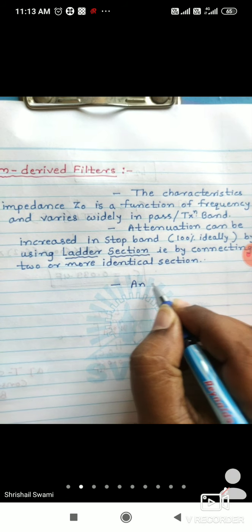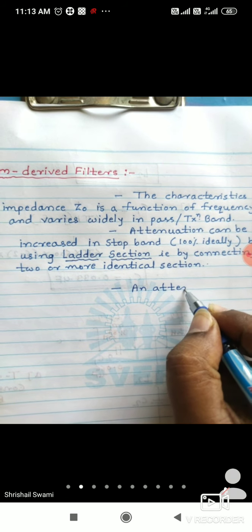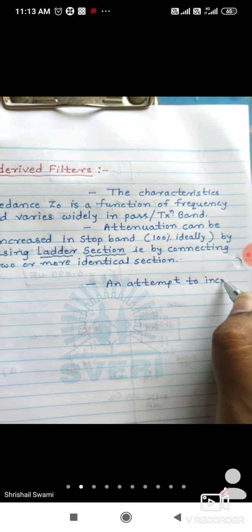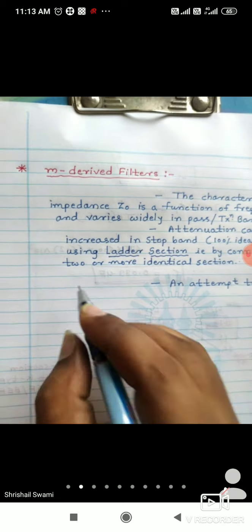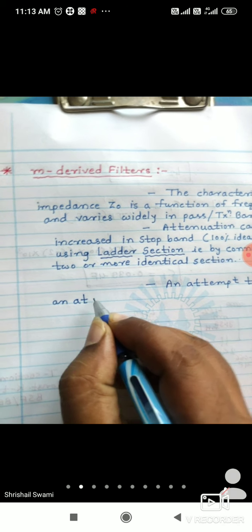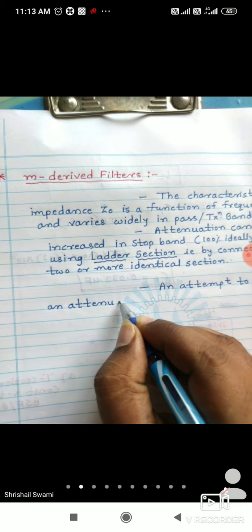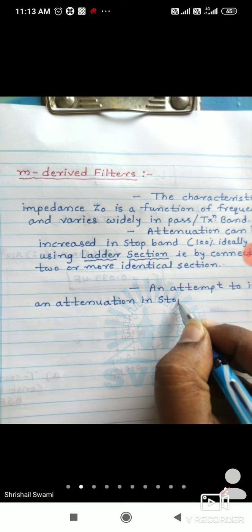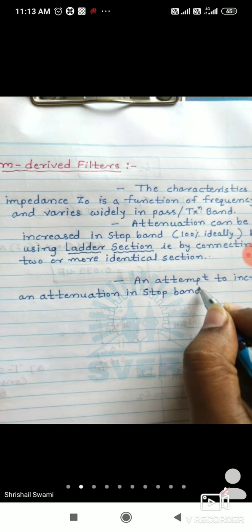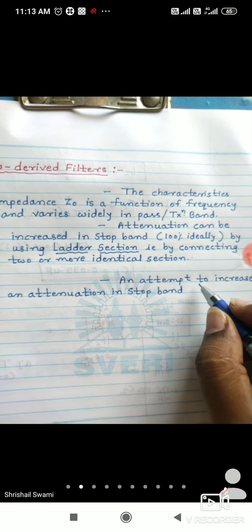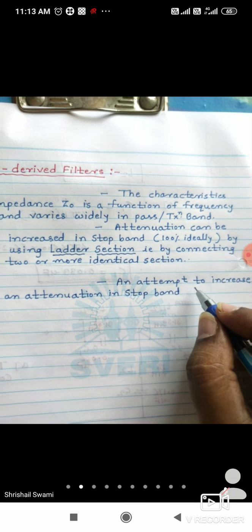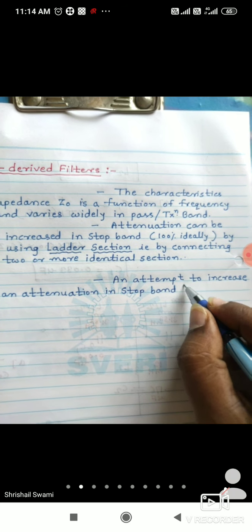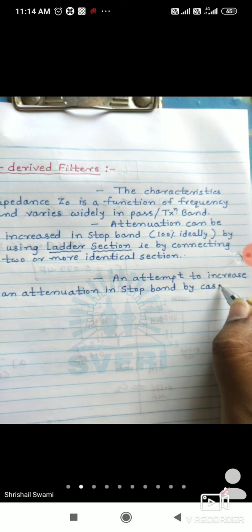So an attempt to increase an attenuation in stop band by cascading ladder section.